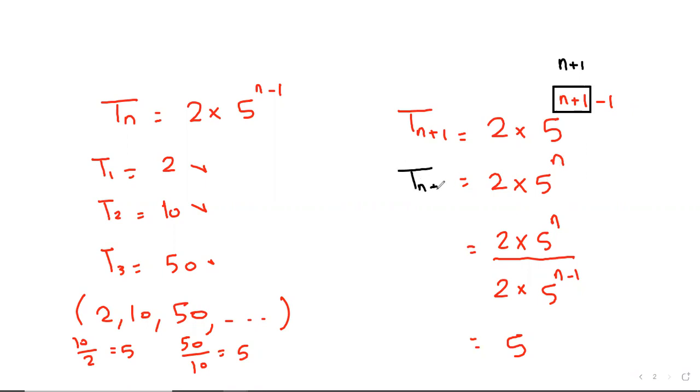Then divide Tn plus 1 by Tn: 2 times 5 to the power of n divided by 2 times 5 to the power of n minus 1. Cancel 2 and 2. And here we have 5 to the power of n and 5 to the power of n minus 1. When dividing like bases, subtract powers, it will be 5. So this sequence is a geometric sequence, and its common ratio R is 5. That's it.